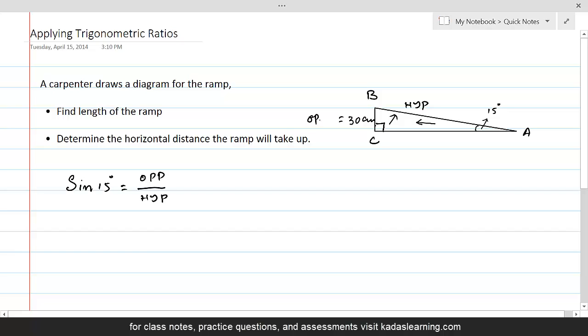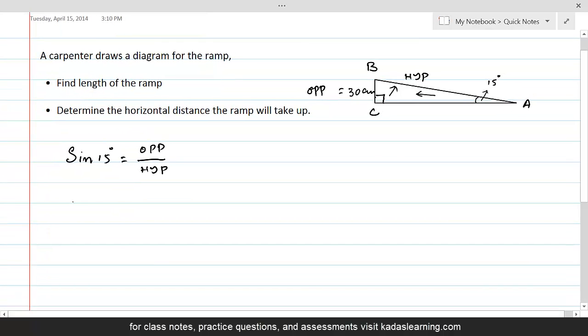So let's take BC as opposite. Now when we substitute the values, sine 15 degrees is equal to opposite, which is 30, over hypotenuse, which is AB, which we are interested in finding.